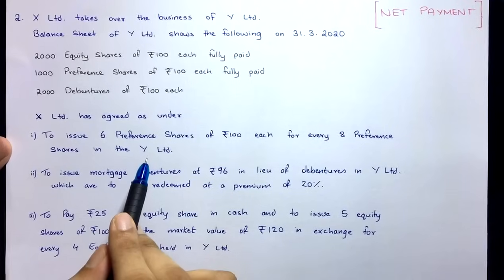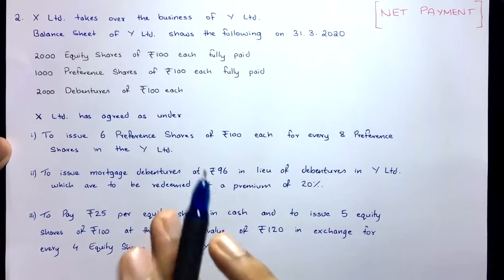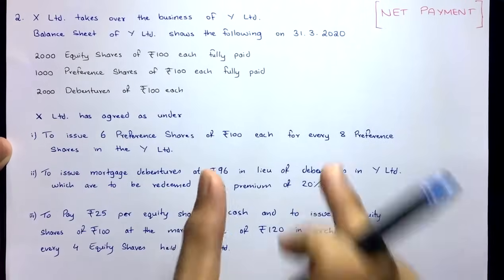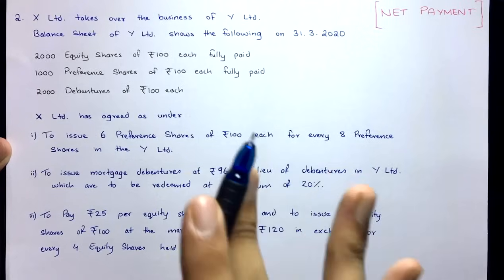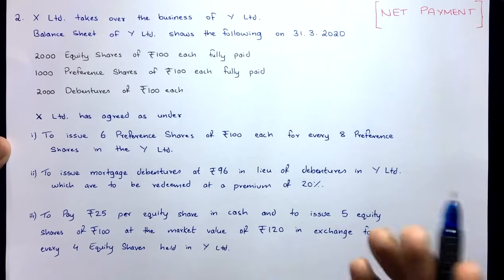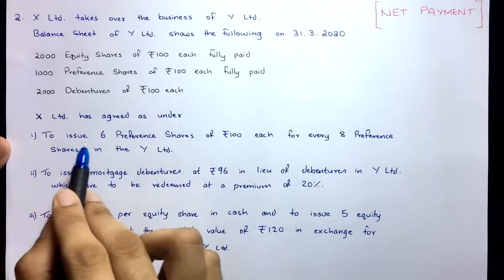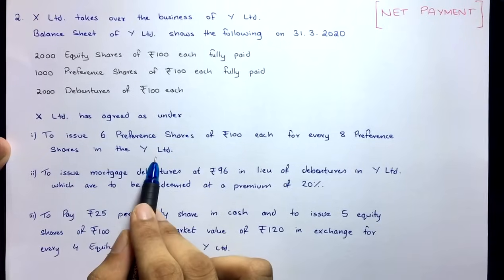Now here it might look confusing to you because in the previous problem it was exactly mentioned how many shares were issued to the preference shareholders or the equity shareholders. But in this problem the exchange ratios or the swap ratios are given. To issue 6 preference shares for every 8 preference shares in the Y Limited.